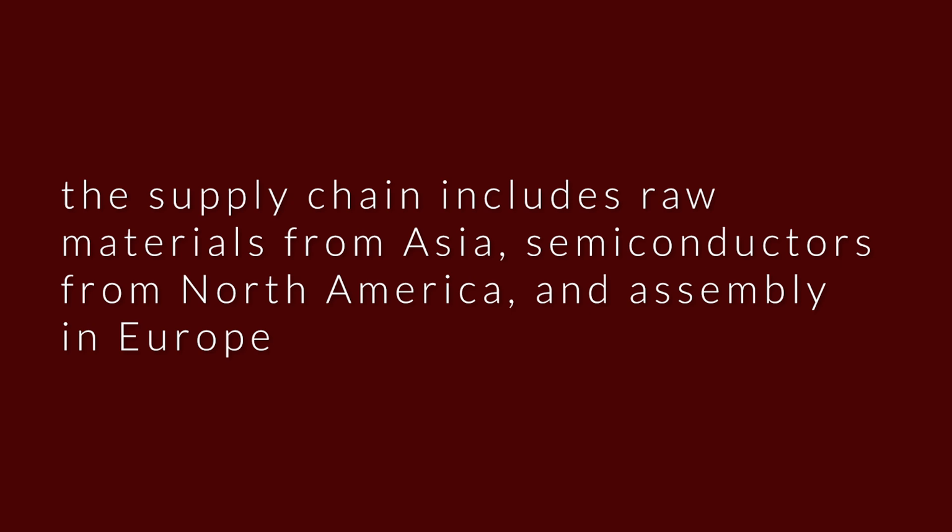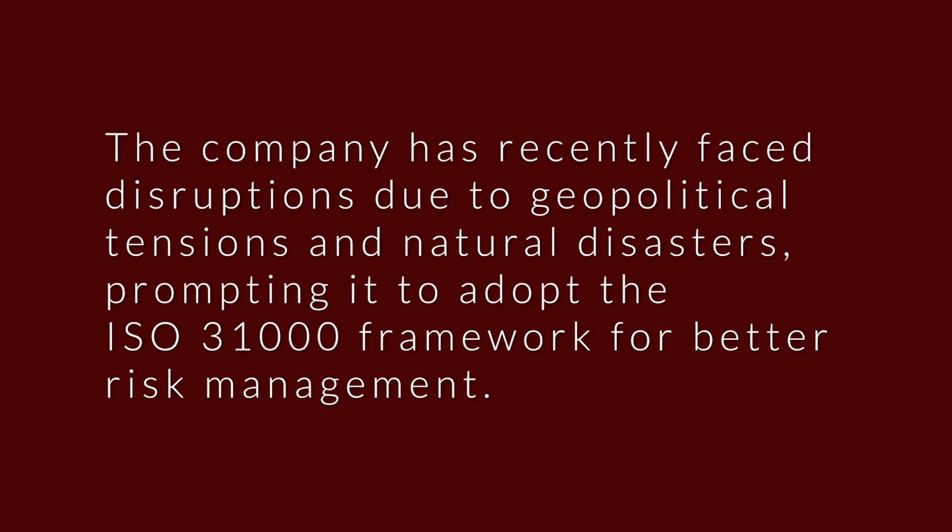And the supply chain will include raw materials from Asia, semiconductors from North America, and assembly in Europe. So the company has recently faced disruption due to geopolitical tension and natural disasters, prompting it to adopt the ISO 31000 framework for better risk management.